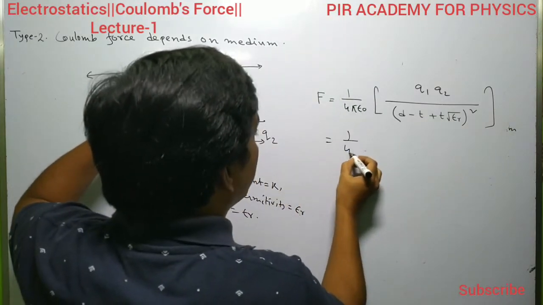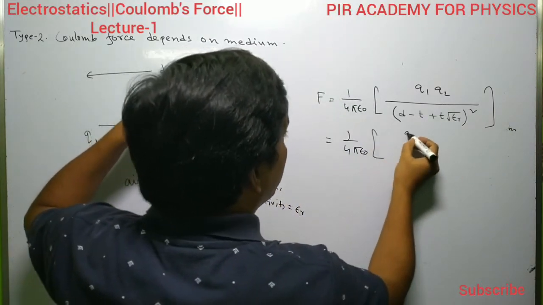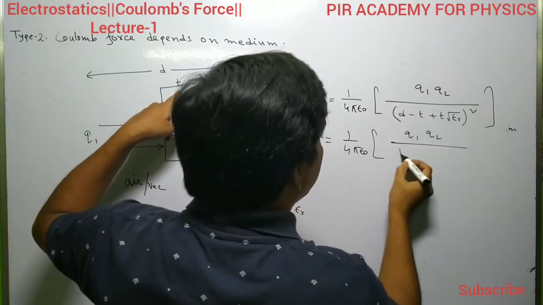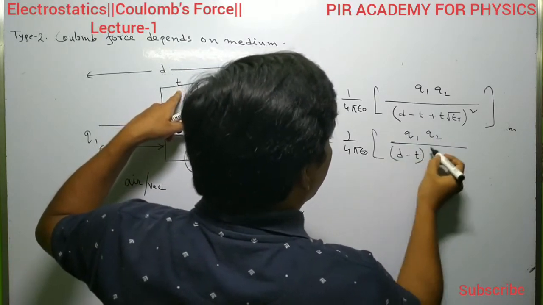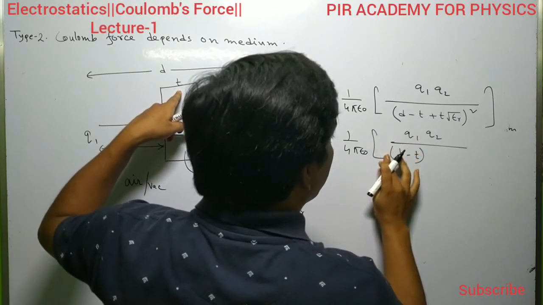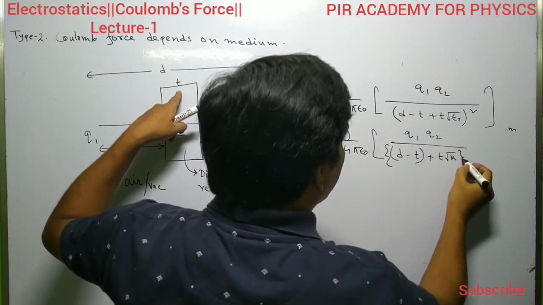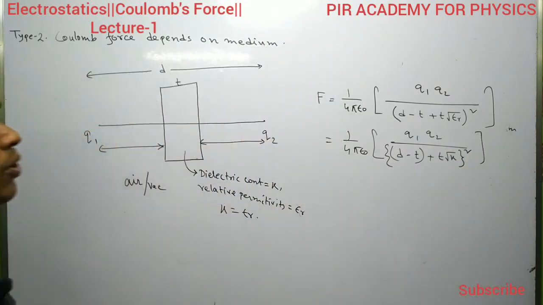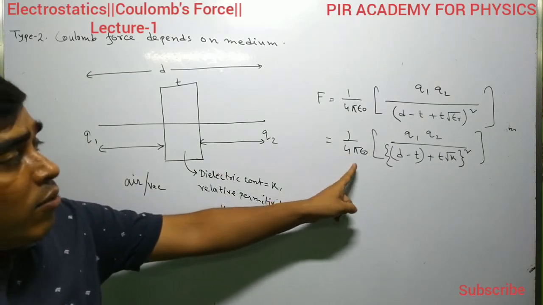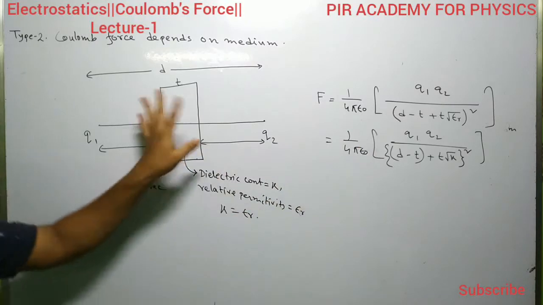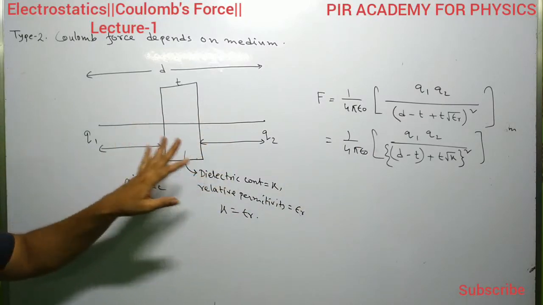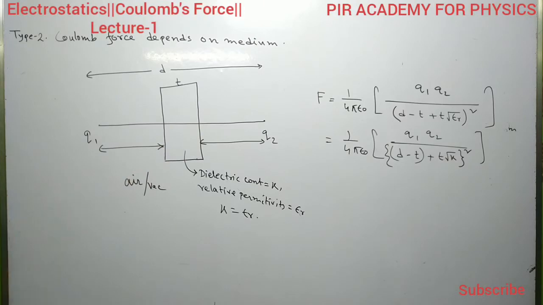It can be written as 1 by 4 pi epsilon naught q1 q2 by d minus t plus t root over k, whole square. Using this equation, you can calculate the force between two charges. You have to remember this formula, and then you can easily calculate the force in this case.